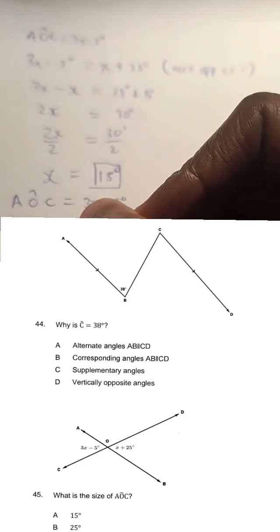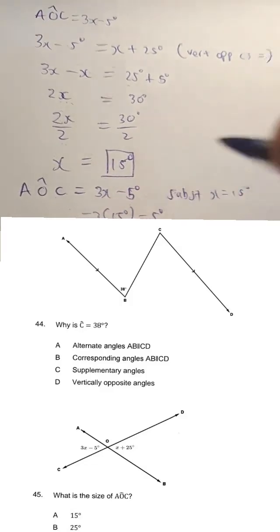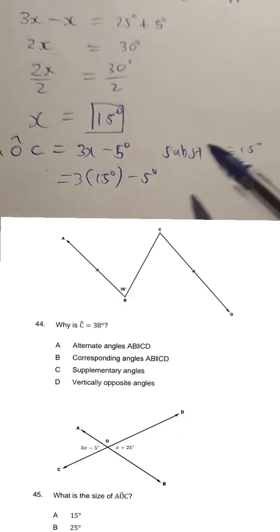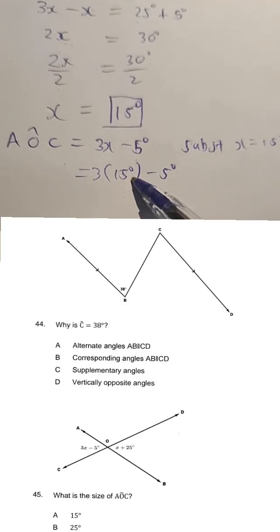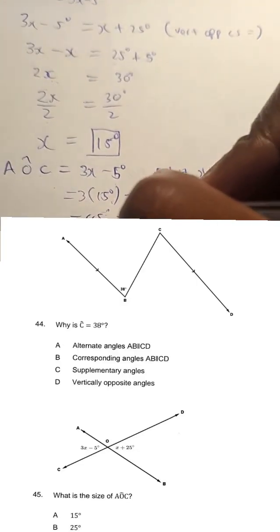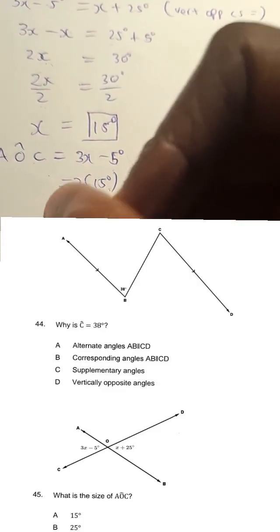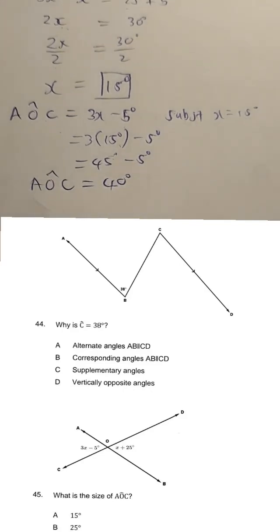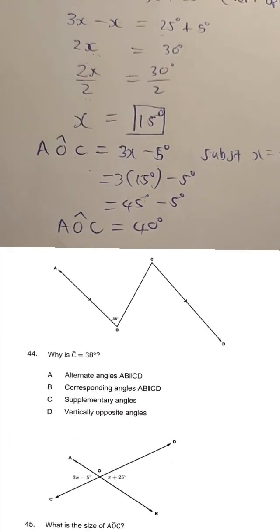So let us substitute 3 into 15 minus 5. We use brackets to substitute. Brackets mean something in maths, and that is, they mean multiply. So 3 times 15 is 45. 45 minus 5 is 40 degrees. So that is the actual value of angle AOC. Okay, it is 40 degrees. Do we see the difference?